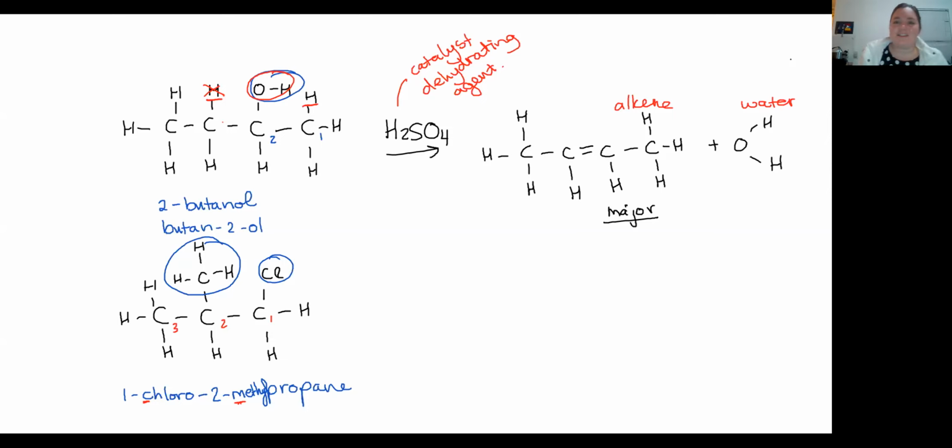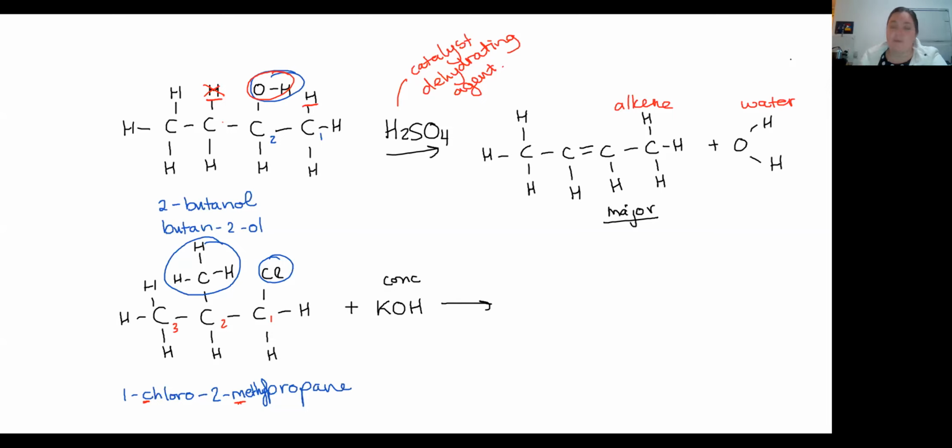Brilliant. Okay, so ladies and gentlemen, I would like to know in this particular reaction, so when we did the alcohol with sulfuric acid, we didn't put the sulfuric acid in as a starting material. Here, when we do a reaction with, for example, potassium hydroxide, and I tell you that it is concentrated, we do put it in as part of our starting materials because it is going to react and form part of our products. I'm going to pause right now. Can I ask you all, please, to write down for me what you get as the products here?